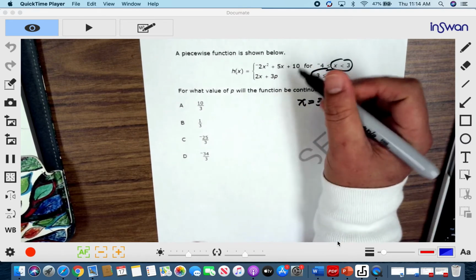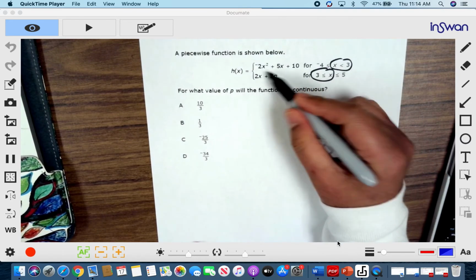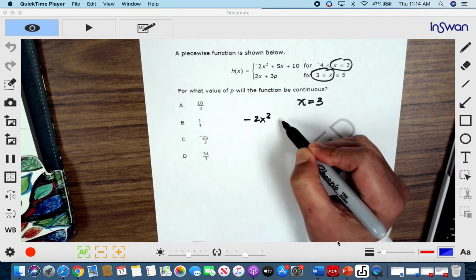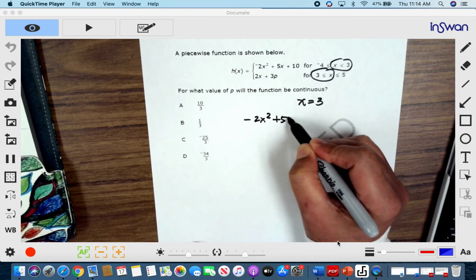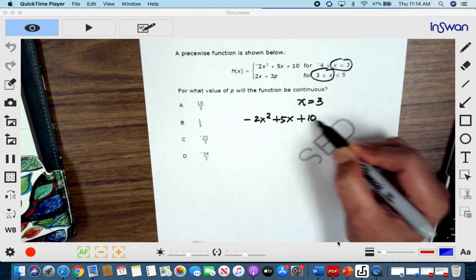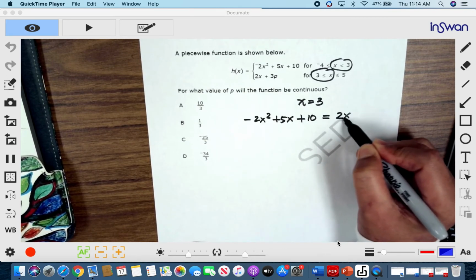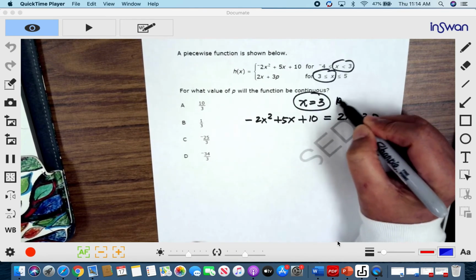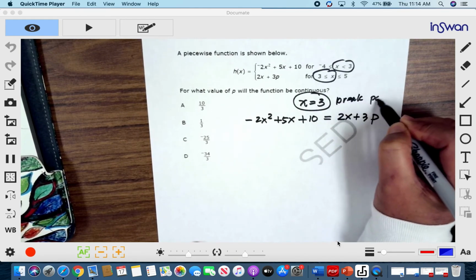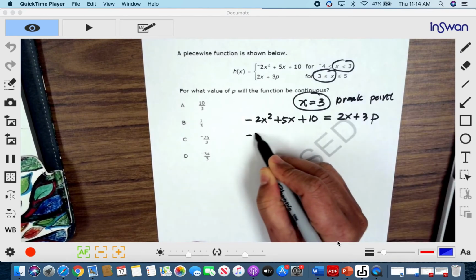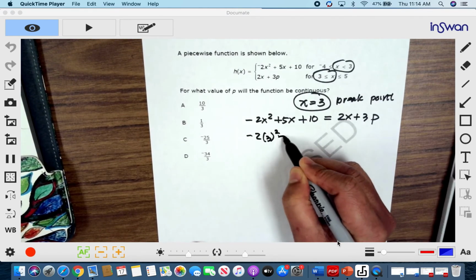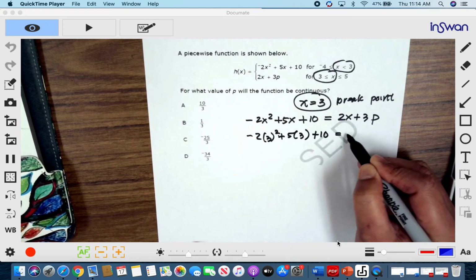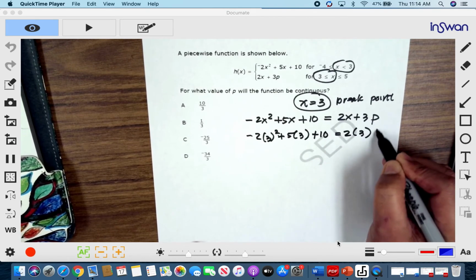Because they should be continuous, they should be equal. So you have negative 2x squared plus 5x plus 10 equivalent to 2x plus 3p, and our x is 3, our breakpoint.